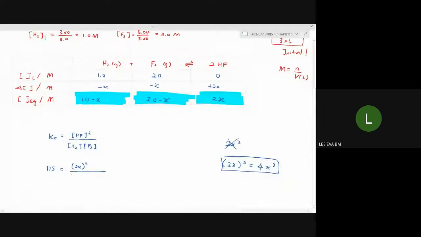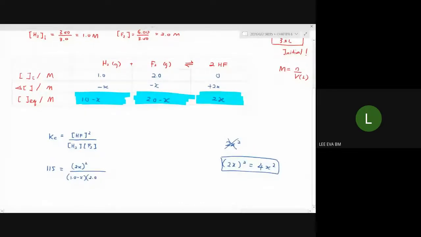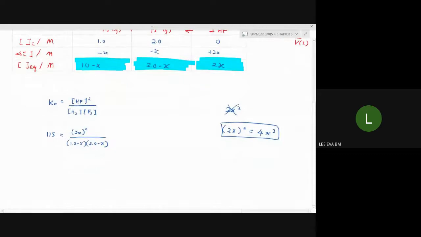Okay, so over the value (1.0 minus x)(2.0 minus x). And to find your x value, you're using your quadratic mathematics. Pernah belajar kan quadratic? 115 equal to 4x squared over x squared plus 2x plus 2 yang bawah tu.